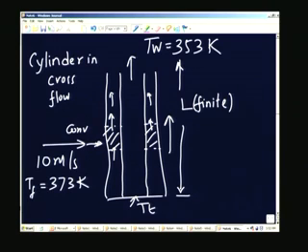The heat transfer depends on the Reynolds number based on the outer diameter of the well, and then it depends on the fluid properties.